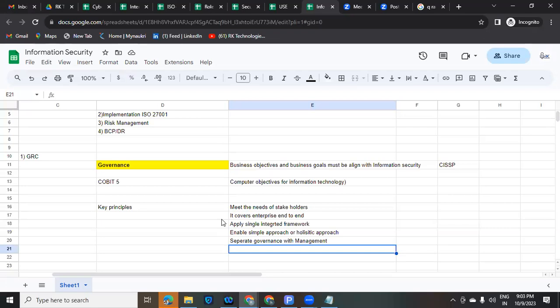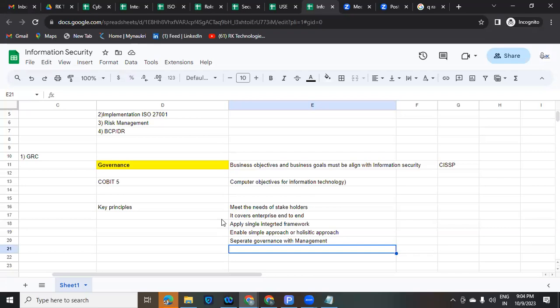For example, if you are doing a pharma or healthcare business, you should be ISO 27001 certified along with HIPAA compliance. If you are doing a finance, banking, or insurance business, you have to comply with ISO 27001 and also PCI DSS, because we are making card payments. In the banking sector, we use net banking, UPI, credit cards, debit cards and so on.